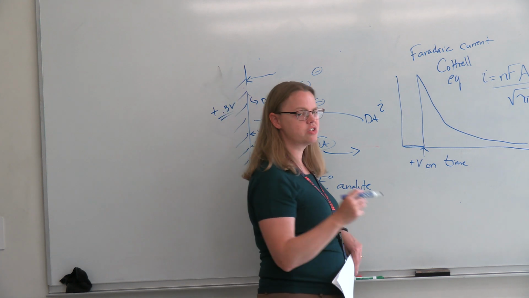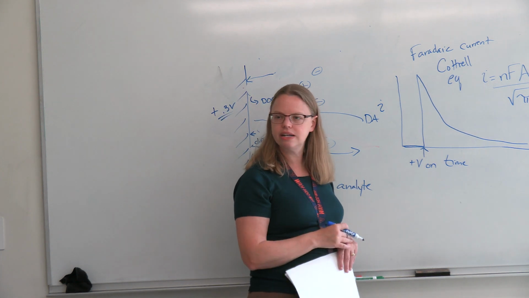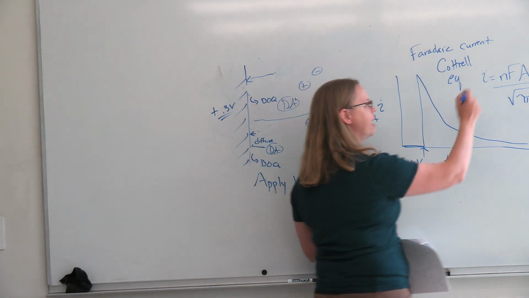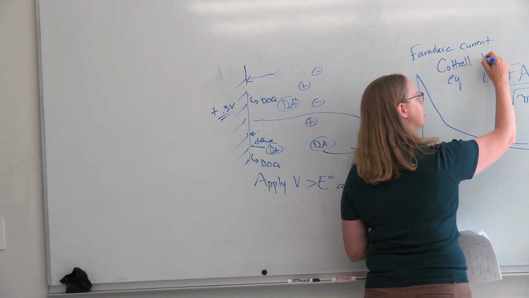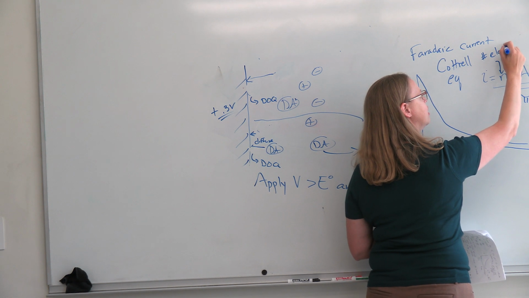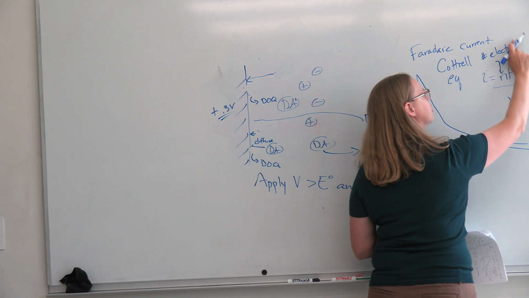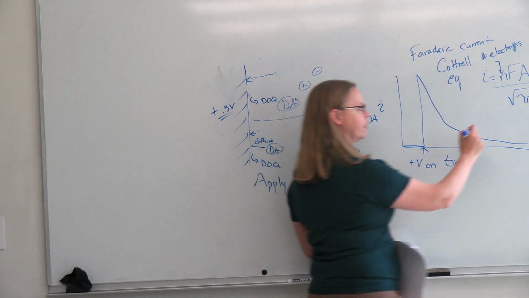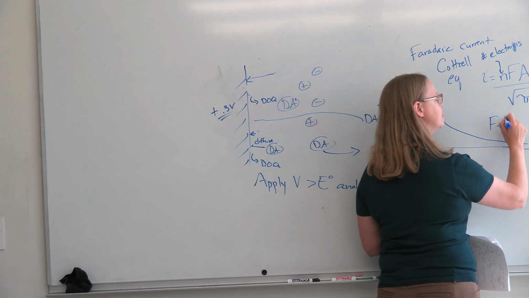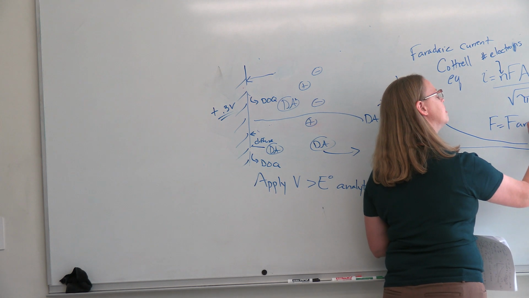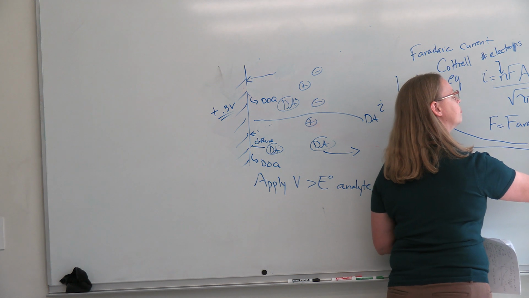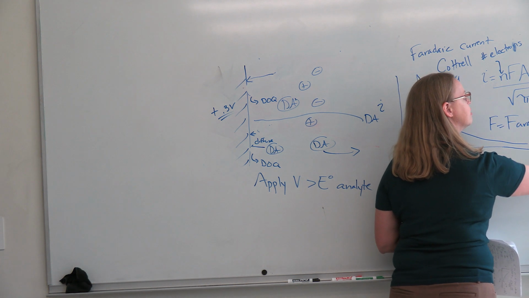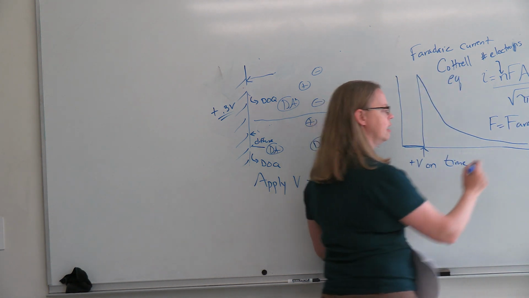So let's again look at the terms, just so that we're used to terms in an electrochemical experiment. And I've already told you about n, it's the number of electrons. Oops, let's go with electrons, not electrodes. F is Faraday's constant. We're going to talk about Faraday's constant a little bit. But that's 96,500 approximately.